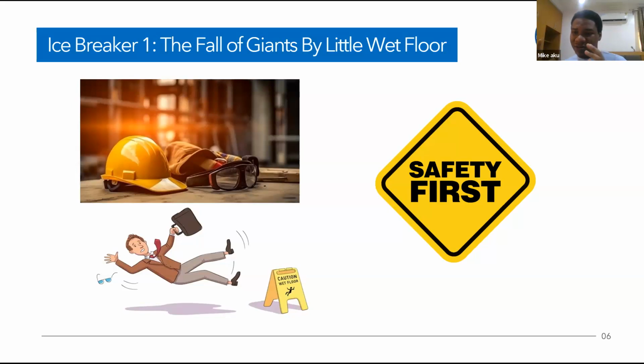And most times when you are approaching areas where there is drainage, or where work is going on, maybe they are trying to clean, you always have the wet floor caution. And one of the interesting things about the wet floor caution is that for some reason, I still see people have slips and trips, despite the fact that there's a wet floor caution.